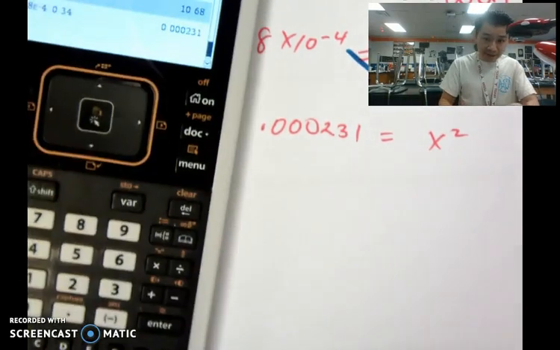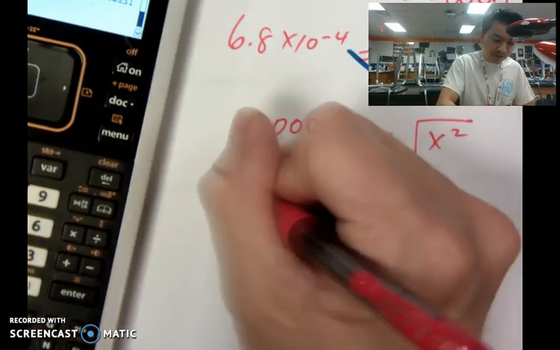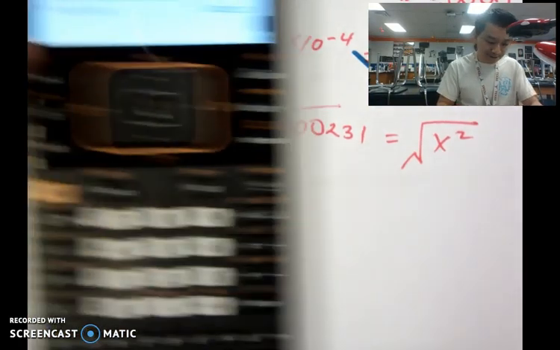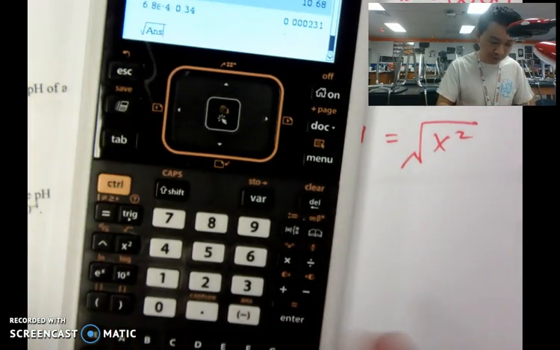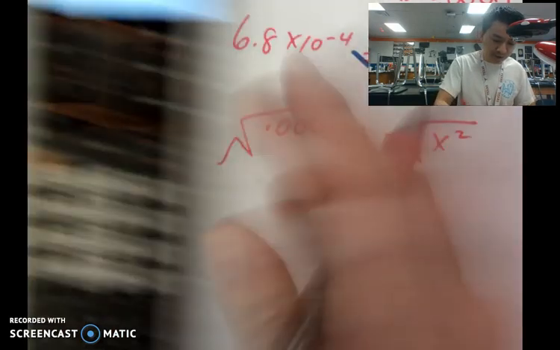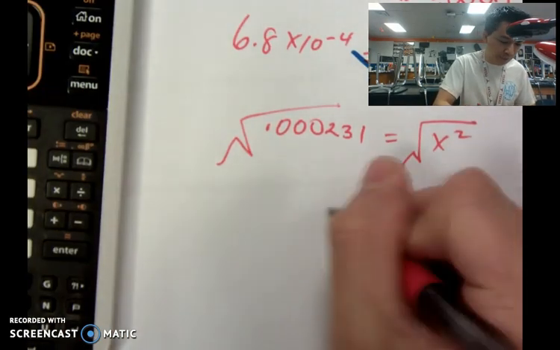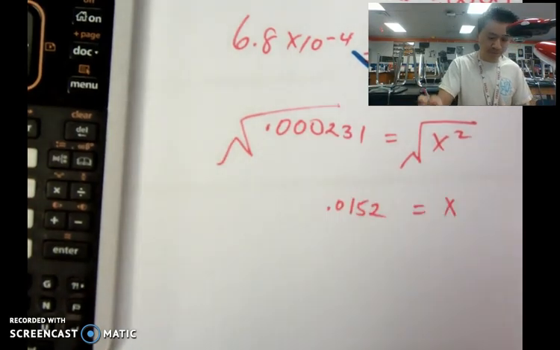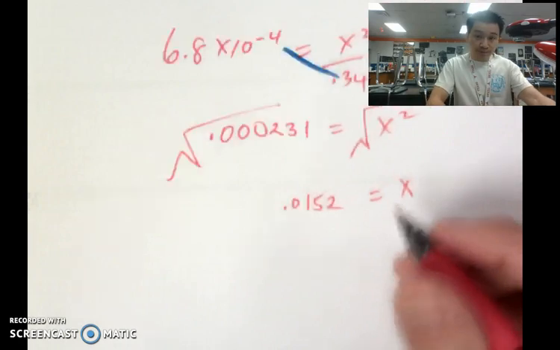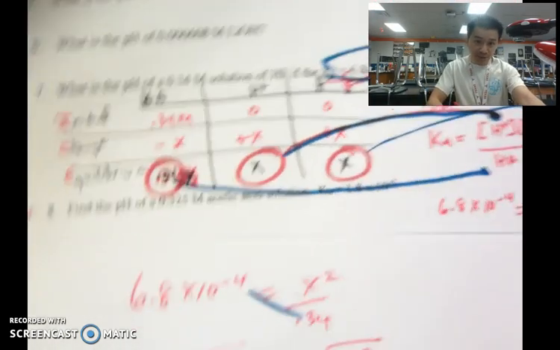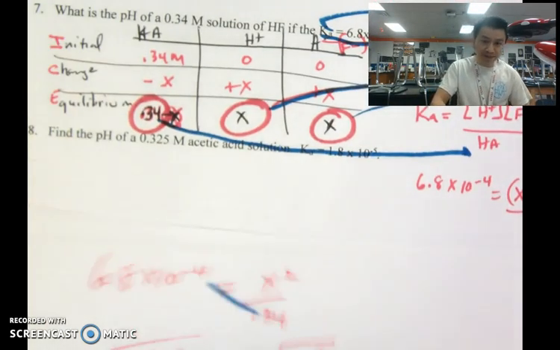And so how do I get X by itself? In algebra, we would take the square root of both sides. So take the square root on the calculator, hit enter. So the concentration X is equal to 0.0152. Going back to our little table here, what is X?